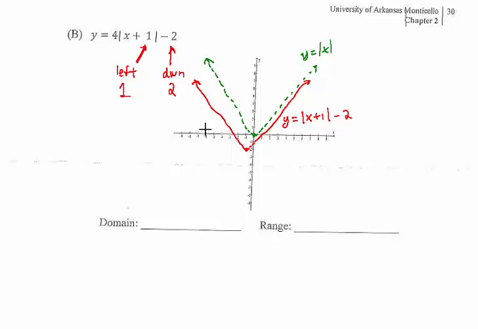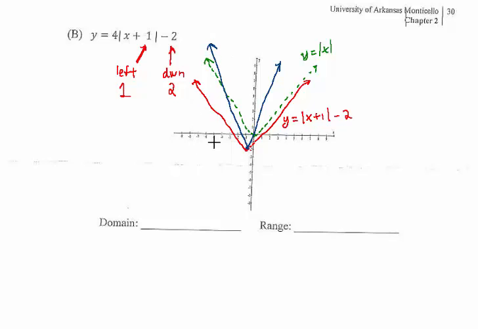And you pretty much have to either do a table of values or graph it with your calculator in order to figure out how sharp it's going to make your v. The only thing I can tell you is it's going to look more like this. It's going to be sharper. It's still going to be symmetric about this v point, but I can't really say how much sharper it's going to be.